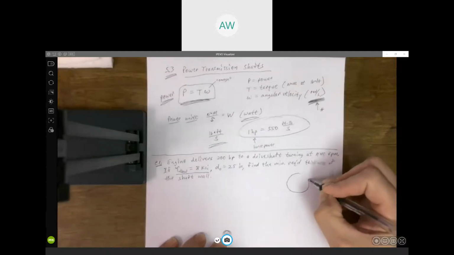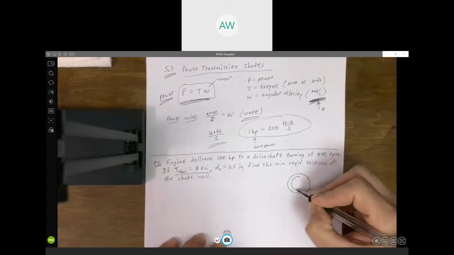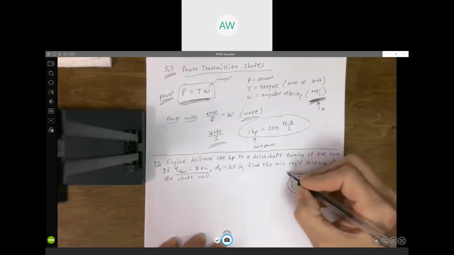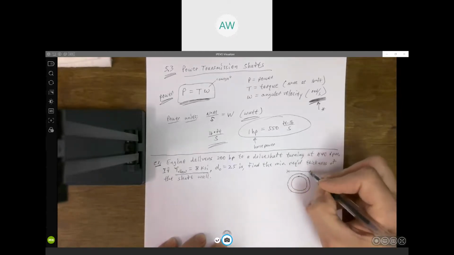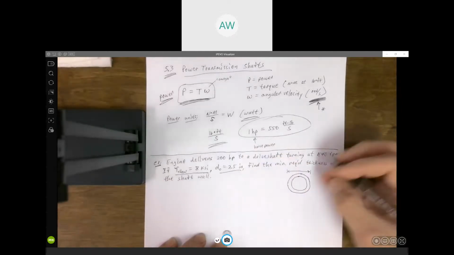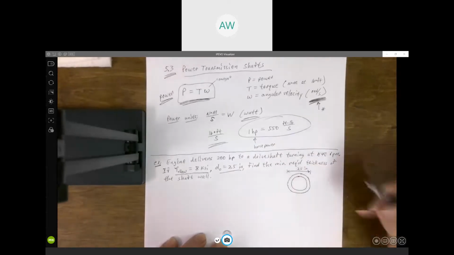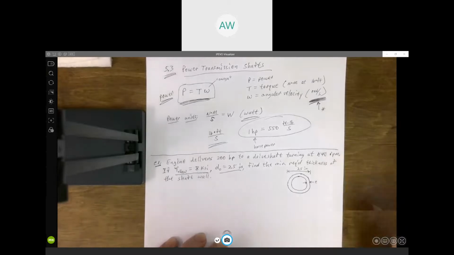So if we look at the cross section of our drive shaft here, the outer diameter we are told is 2.5 inches. And what we're asked to find is what's that thickness got to be?